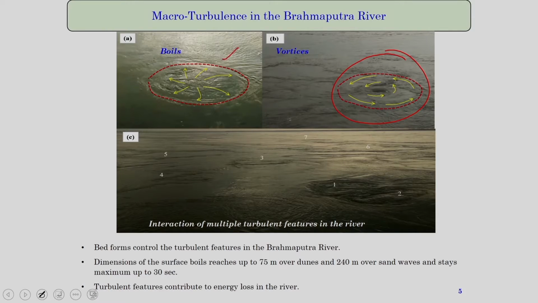There are boil formations, where a vortex is formed from the ground, grows, and then dissipates. These types of processes also happen in the Brahmaputra river. If you look at a bigger snapshot, you can see a similar series of vortex and boil formations. These are the macro turbulence structures.